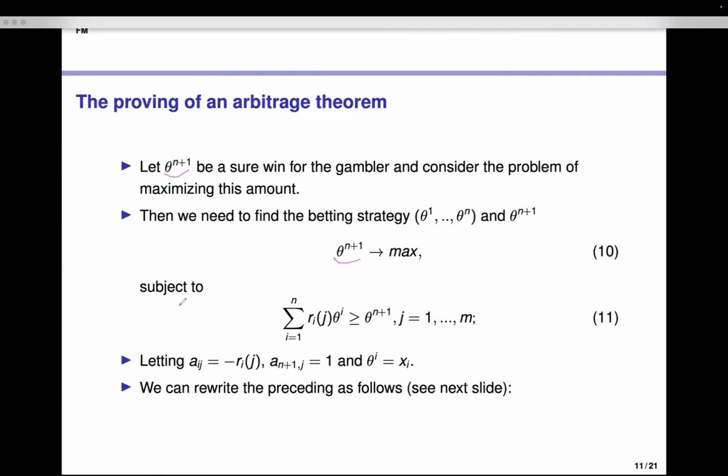Maximum, and subject to. What is this? It is a return function. We multiply it by how much money is involved in this unit function, and similarly for each bet. The sum of these products is called the wealth of the portfolio or the wealth of the betting strategy.